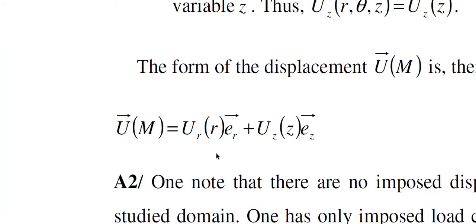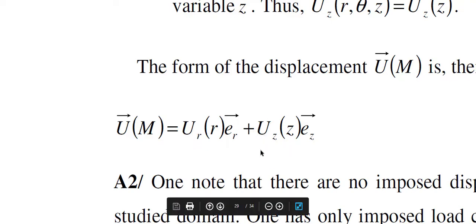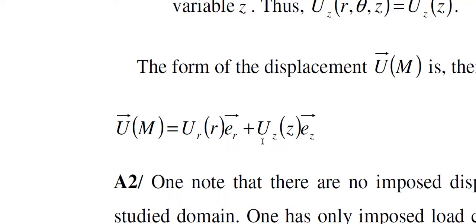The general form of the displacement field is then simplified into this form, which shows that the displacement field has only two components, a component along the radial direction, which is ur, and a component along the longitudinal direction, which is uz.